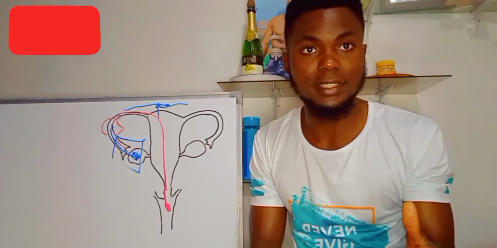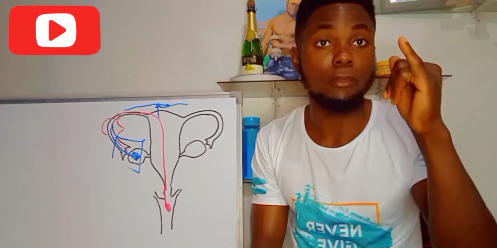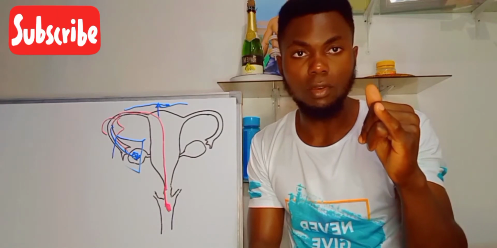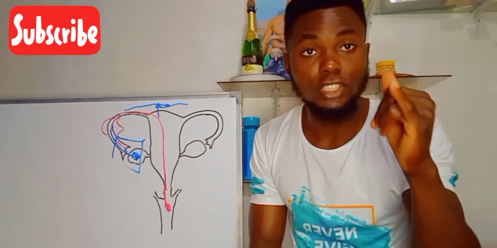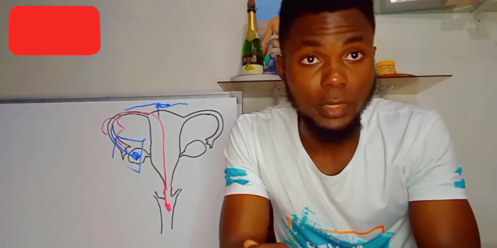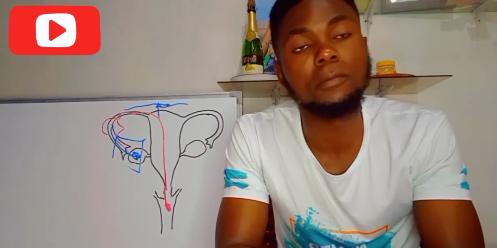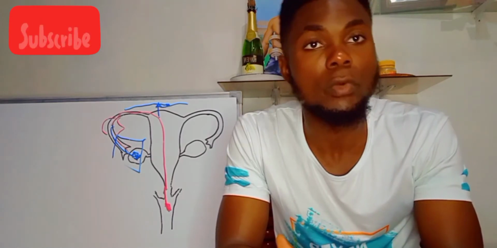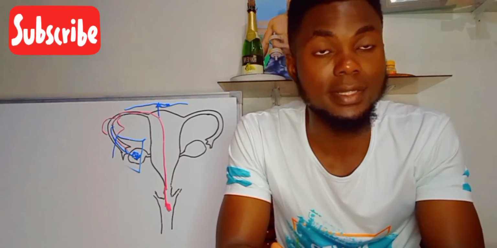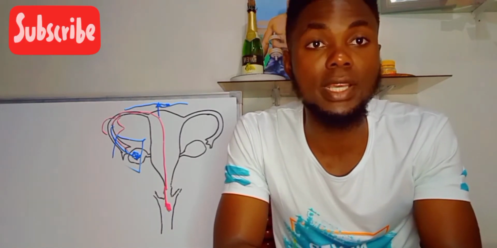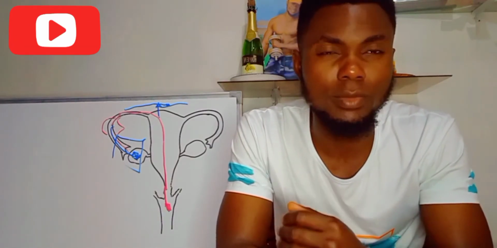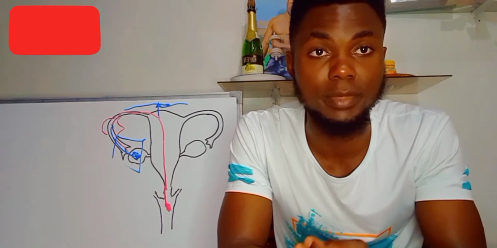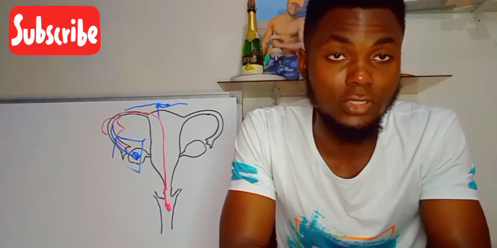What are the common causes of pelvic inflammatory disease? We said it is a polymicrobial infection of the upper genital tract. We have Chlamydia trachomatis, Neisseria gonorrhoeae, and aerobes and anaerobes that cause urinary tract infections and sexually transmitted infections such as bacterial vaginosis.